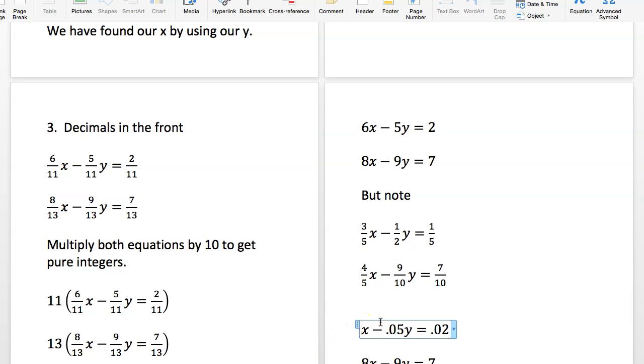Now that's 6 over 100. Now instead of 3 over 5, it's 3 over 50. And instead of 1/2, it's 1 over 20. And instead of 1 over 5, it's 1 over 50. Like that. So you just multiply the denominators by 10.